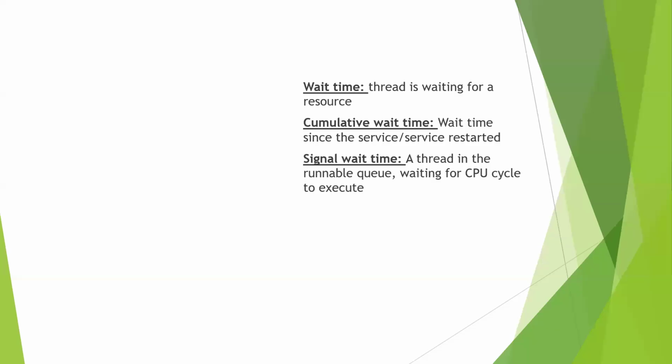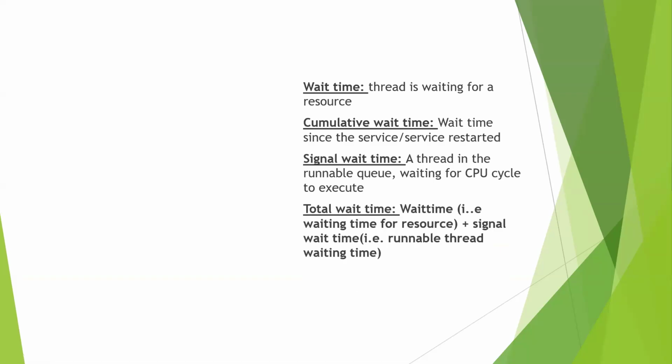So do you remember what the runnable queue is? The runnable queue is basically a queue which has threads ready to run on the CPU. Those are not waiting for any resources. They are ready and waiting for a signal so that they can go ahead and execute on the CPU.